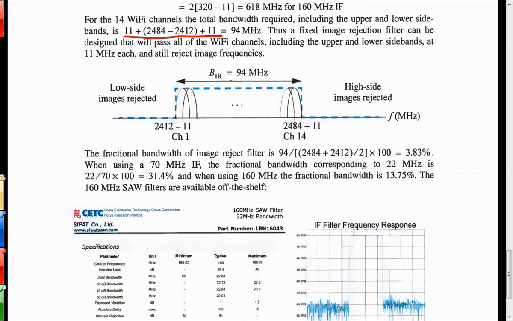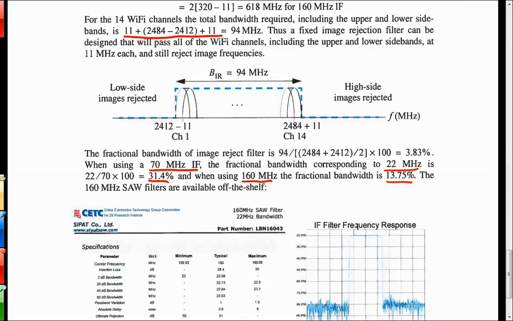But if I put my IF filter at 70 megahertz and I need a 22 megahertz bandwidth, the fractional bandwidth that I need for that filter is 31%, and that is actually a pretty large fractional bandwidth for an IF filter that would have really steep skirts and have that wide of a bandwidth relative to 70. But if I shift up to 160 megahertz, then the fraction is only 13.75%.